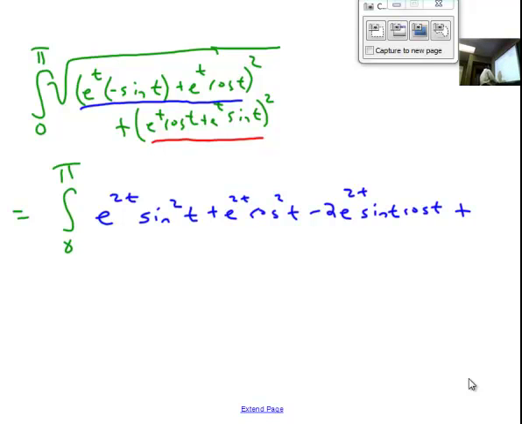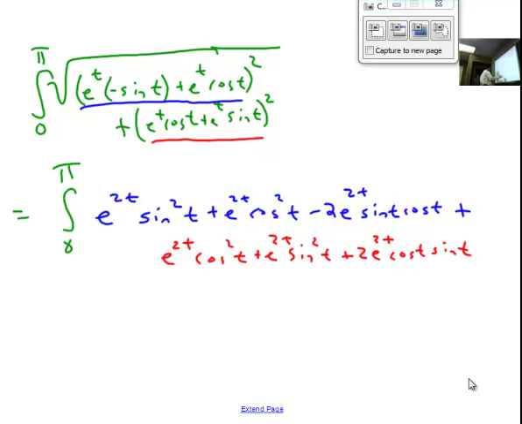Now that's the first, that's the blue one, that's I think dx dt squared, and then plus e to the 2t cos squared of t plus e to the 2t sine squared of t plus 2 e to the 2t cos t sine t.